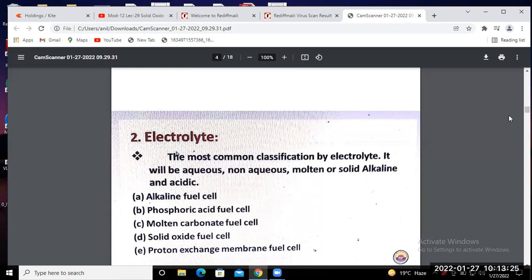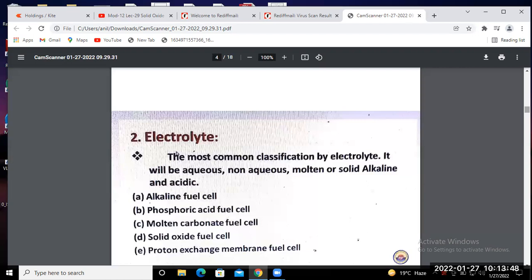If we use this material in some aqueous form, non-aqueous form, or maybe in molten or solid, alkaline and acidic, this is all about the electrolytes.